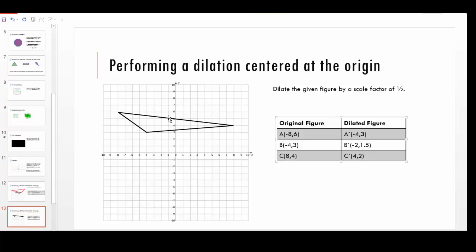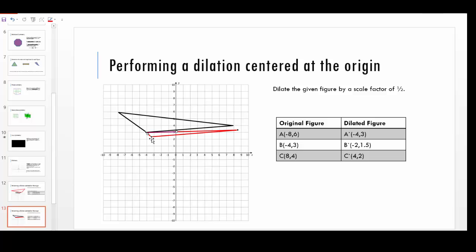So when we grab this, we're going to do the same thing where we duplicate. I'm going to turn it red, and we're going to edit the points. Now instead of being at -8, 6, A is going to move to -4, 3, which is right here.